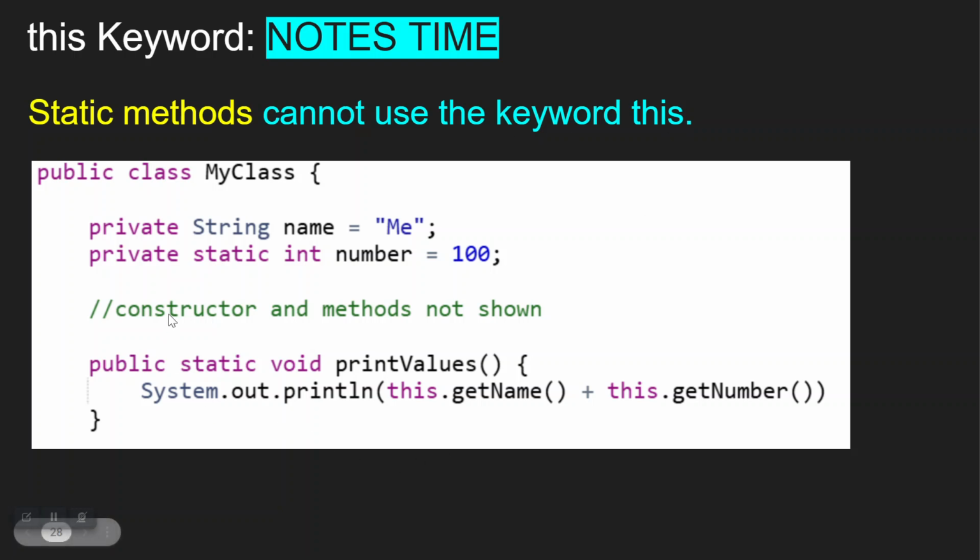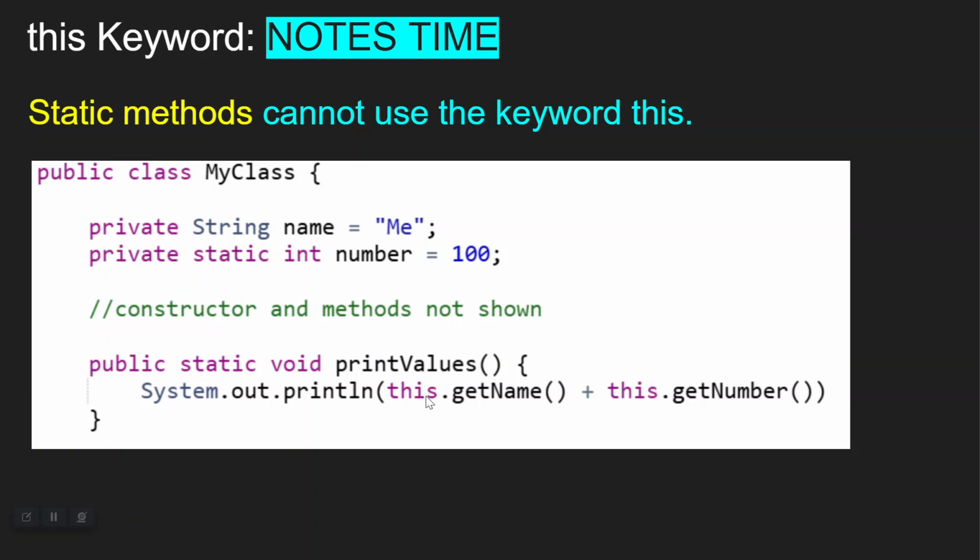Here we've gone back into our sample class. We've got our instance variable name and our static variable number. We're skipping our constructor and our methods, and jumping down here to public static void printValues. This is a static method, and it's trying to do System.out.println(this.getName, this.getNumber).